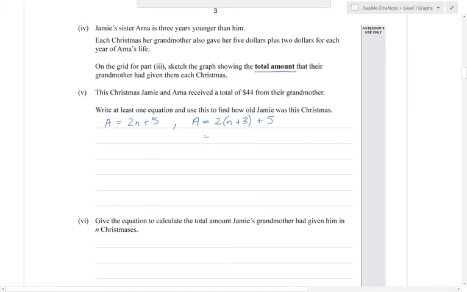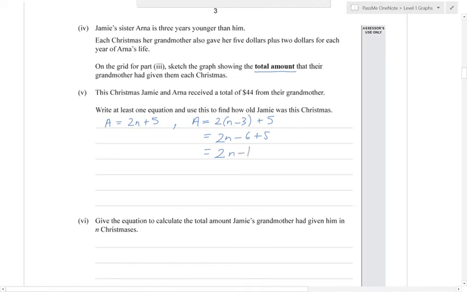So that's going to simplify to, sorry, that'll be minus 3 because she's younger. So that'll be 2n minus 6 plus 5, which simplifies to 2n minus 1.